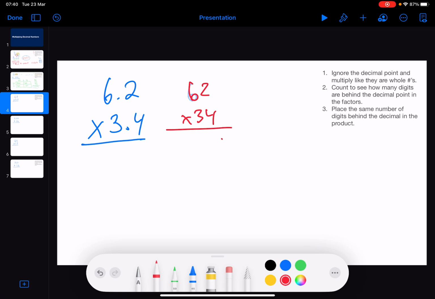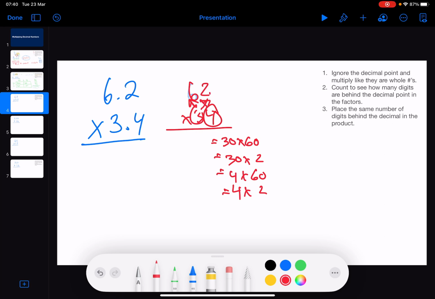I can think about this as 30 times 60 plus 30 times 2 plus 4 times 60 plus 4 times 2, which is very similar to the area model, but this is called the partial product model, right? I can just take this 30, multiply it by 6 tens, and multiply it by 2 ones. And then I'm going to take the 4 and multiply it by 6 tens and 2 ones.